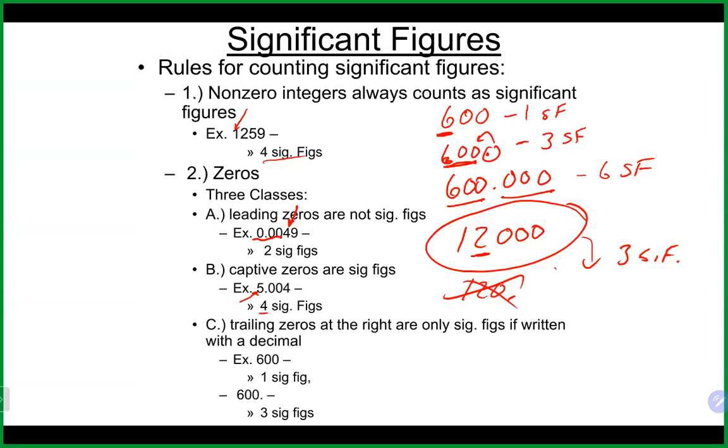So this is what I also was talking about before. In this case, if we need to give an answer, and this is what popped up on our calculator, but we need to give the answer to 3 significant figures, really the only way to get that to 3 significant figures would be to write it in scientific notation. And this would be 1.20 times 10 to the 4. This would have 3 significant figures. That still keeps it about 12,000, which is the same value. So again, there can be situations where the only way to get it to the right number of significant figures is to write it in scientific notation.